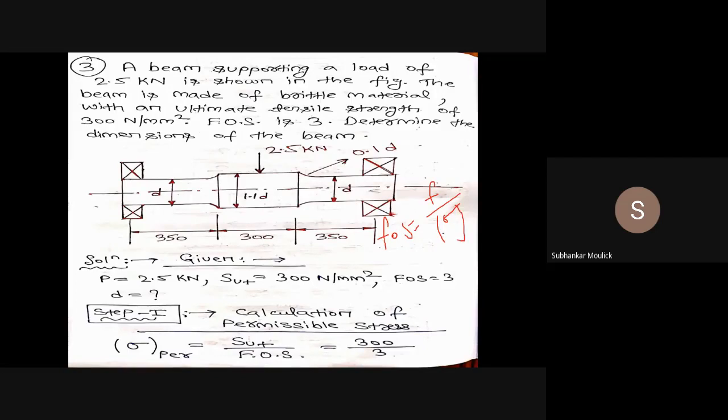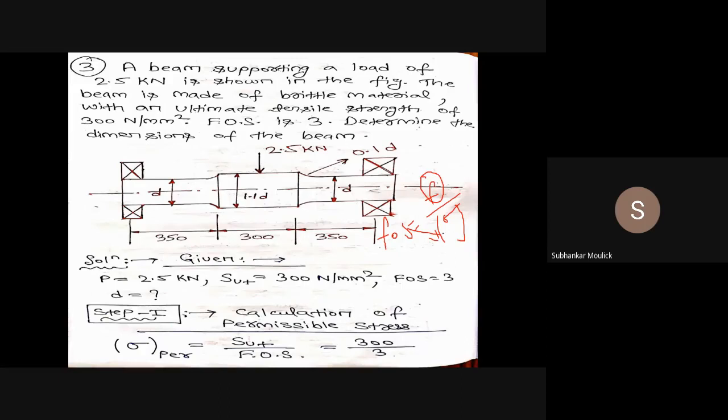Failure stress is nothing but the SUT value, and that SUT value is 300 Newton per millimeter square, divided by allowable stress, which I need to find out. Just cross multiply it. So allowable stress is failure stress by factor of safety, and factor of safety is 3.